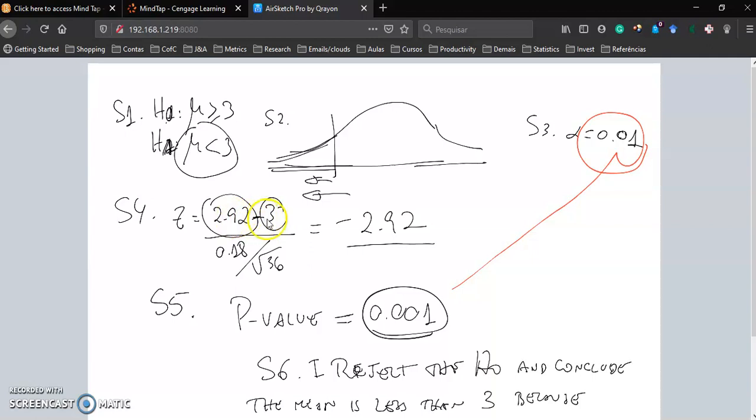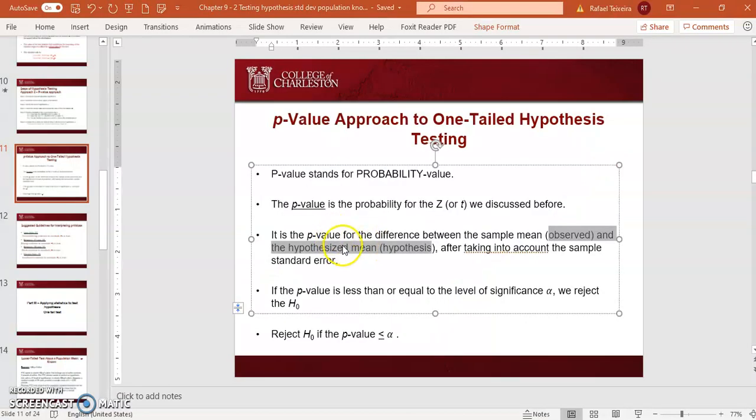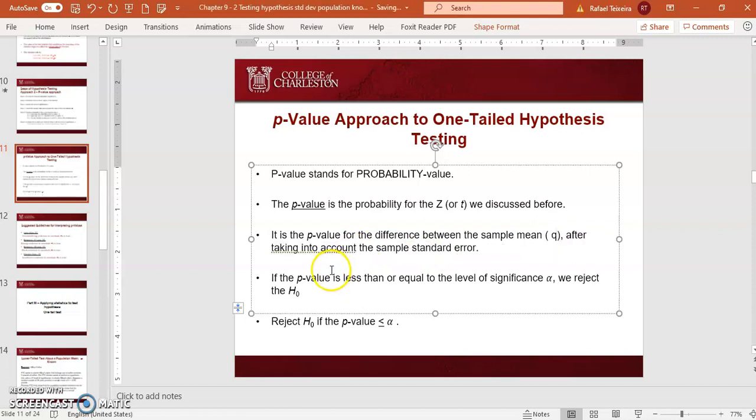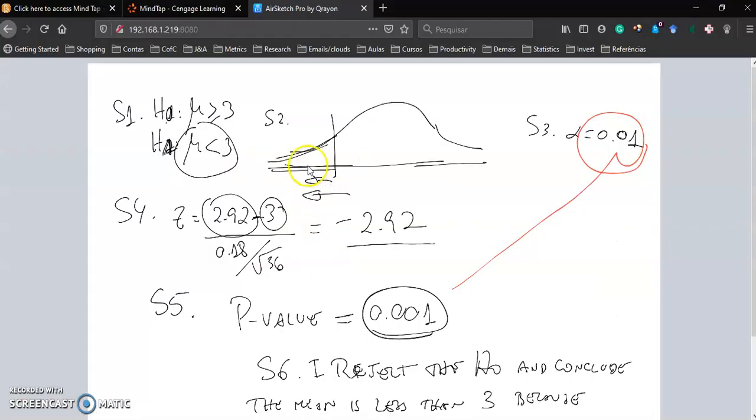If the difference is big, and if it is big after considering the variability in the sample, and if you turn this into a probability and the probability of occurring is too small, then we have evidence that this sample comes from a population that has a different distribution.